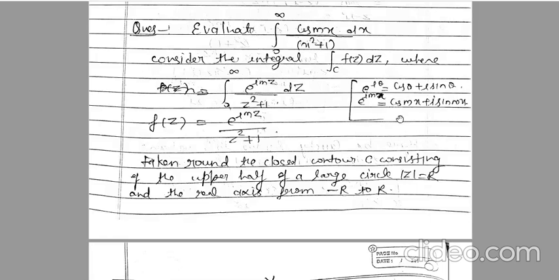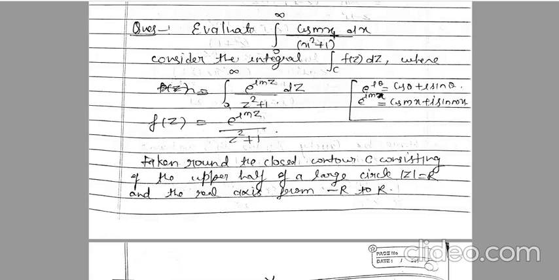We are taking our real part. If sin mx is given, then you will also write e^(imx), and in the last you can replace it by sin mx. So the imaginary part is sin and the real part is cos mx. So you are just replacing cos mx by e^(imz).